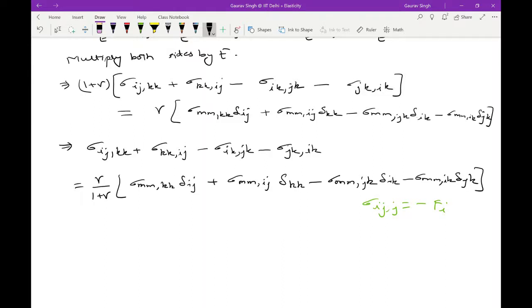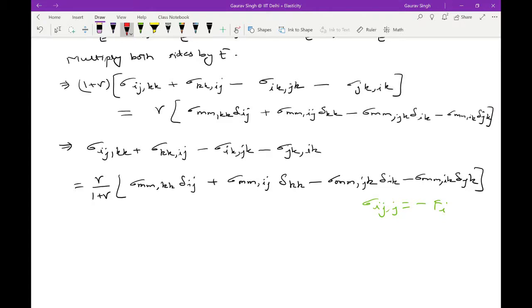So where all can it go? Let's see. So sigma ij comma kk, nothing can happen. Sigma kk comma ij. So let's see how this equilibrium equation can be used.